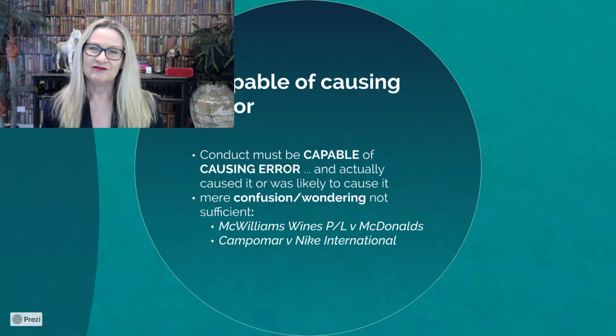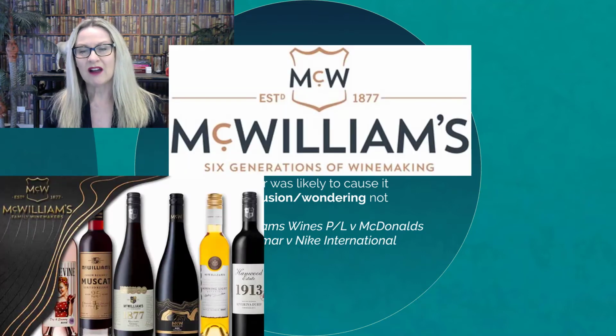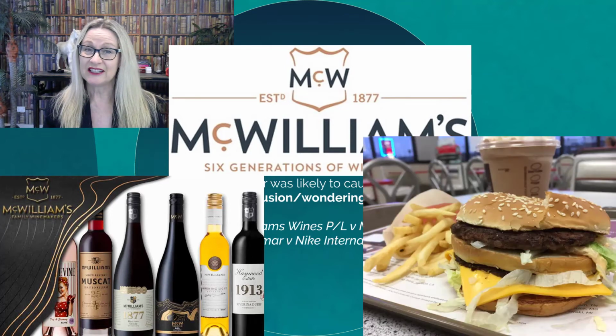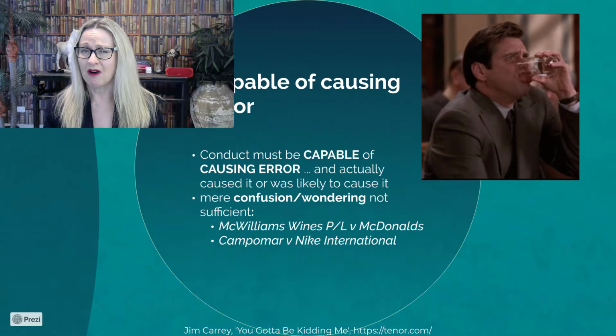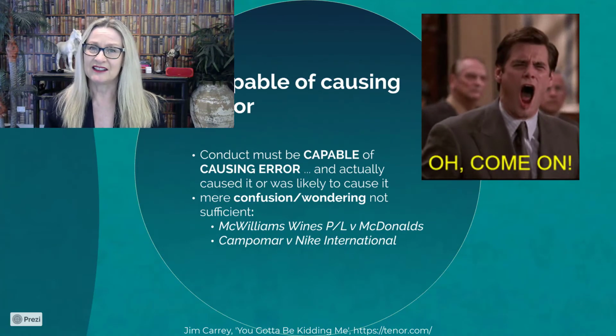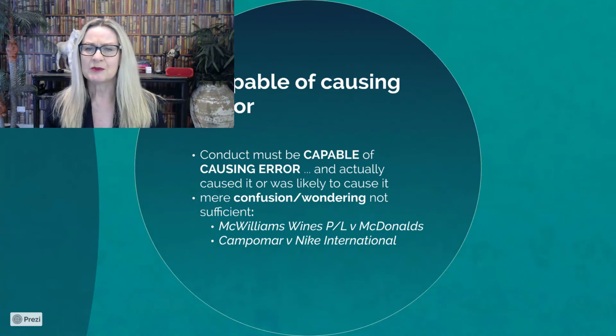They are litigious protectors of their trademarks, and in this particular case they were alleging that McWilliams Wine's marketing of a wine as the Big Mac might in fact lead consumers into error and somehow make them think that McDonald's was starting to manufacture wine. Yeah, as I said, unsuccessful there. So it has to be actually capable of causing consumer error.